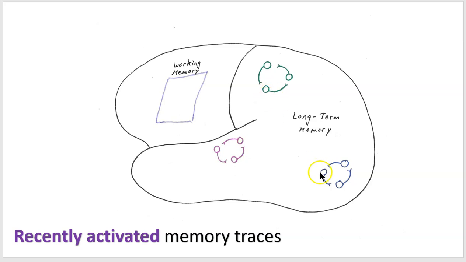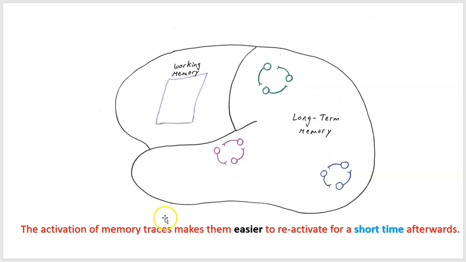So even though we might have weak cortical memory traces, there seems to be something going on that is giving us access to that information for some short time after we just studied the material. So what could be going on? Apparently, the activation of memory traces makes them easier to reactivate for a short time afterwards.